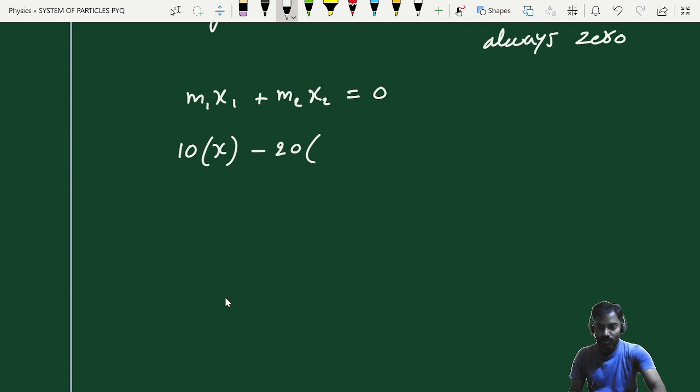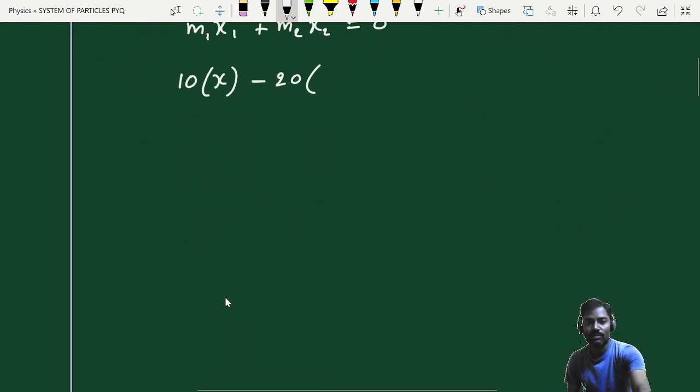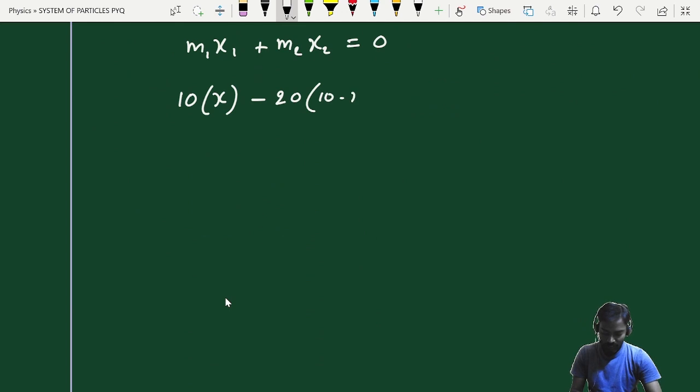So minus 20 into what is x2? x2 is position of center of mass from the 20 kg body, that is 10 minus x. So 10x minus 20 into 10 minus x is equals to 0.